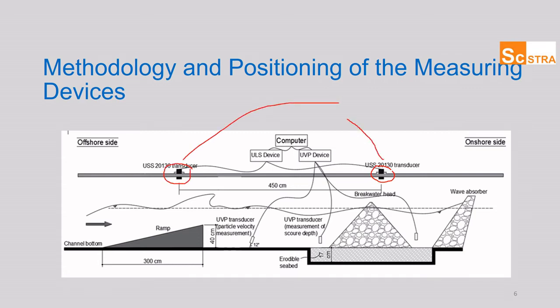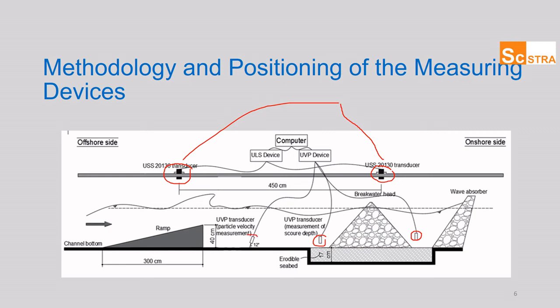With the help of this sensor, we can obtain wave height and period values, and with the help of these ultrasonic velocity profiler sensors, we can measure time-dependent scour or deposition depths.